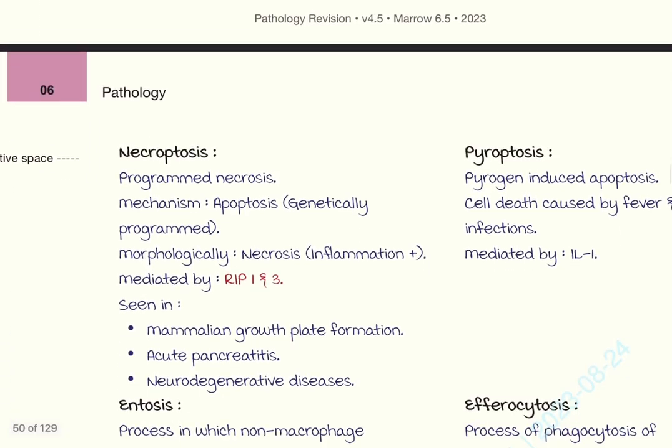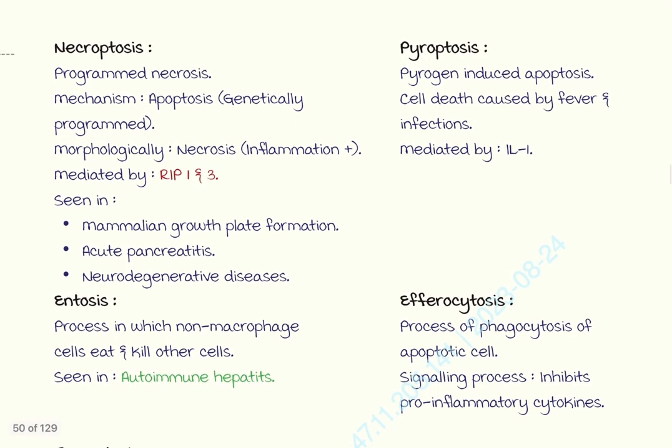Next, a few other important conditions associated with necrosis and apoptosis. Necroptosis: I told you it's also programmed, but there is no caspase. It is mediated by RIP1 and RIP3, not caspase. As the outcome is necrosis, inflammation will be present.